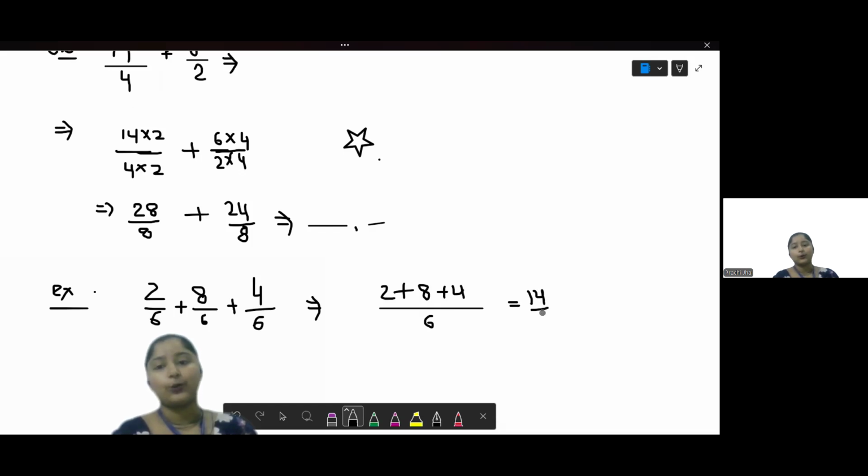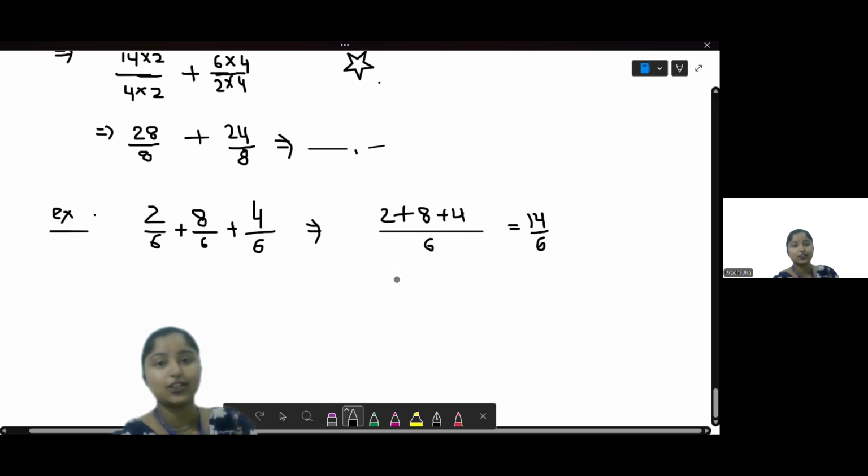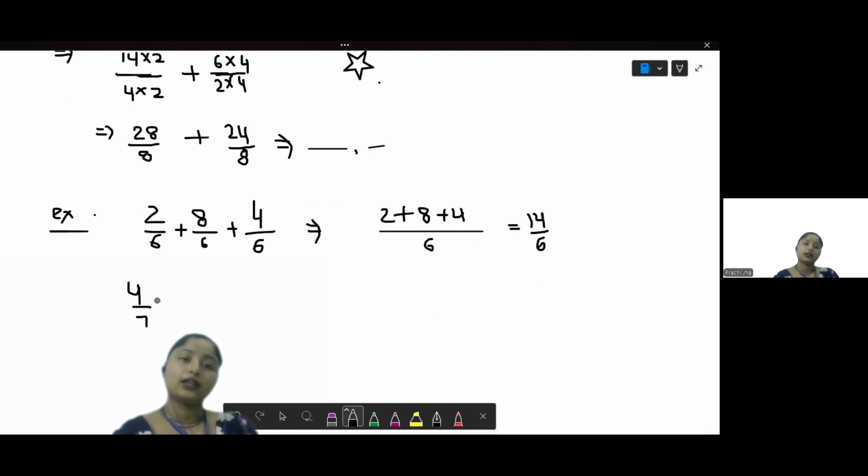Wonderful. Now, let's try one more last type of fraction addition question. What if you have 4 over 7 plus 3 over 8 plus 6 over 2? How are we going to solve this?